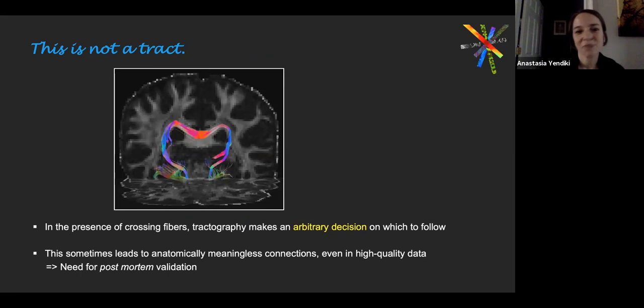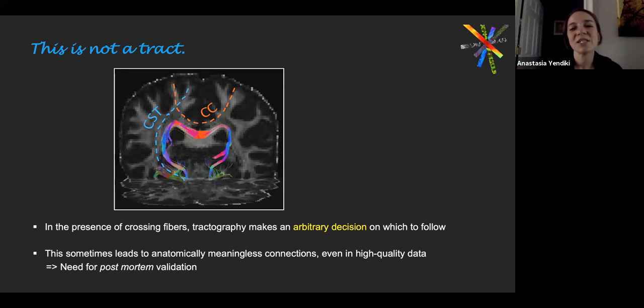So this is a data set, the b-max equals 10,000 data from the Connectome scanner. And this tract that I'm showing here is something that came out because the tractography was walking along the corticospinal tract, and then it took the wrong turn. It jumped from the corticospinal tract to the corpus callosum, and then on the other side, it jumped back to the corticospinal tract.